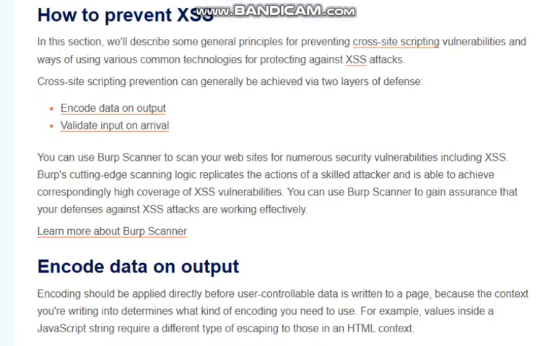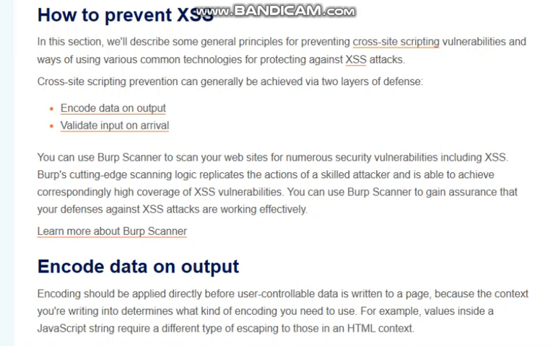Let's explain how to prevent XSS. In this part, I will describe some general principles for preventing cross-site scripting. You can also find some useful information for your self-study in the PortSwigger learning path. Cross-site scripting prevention can generally be achieved via two layers of defense: encode data on output and validate input on arrival.